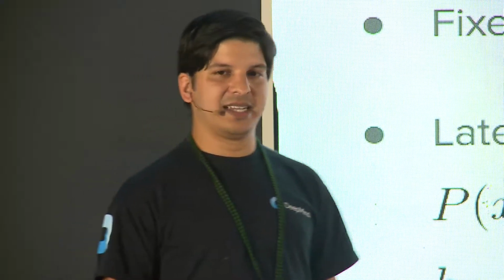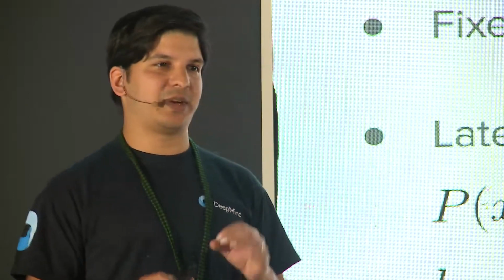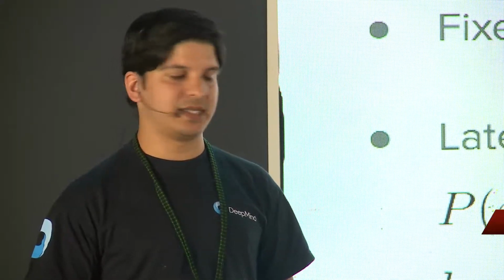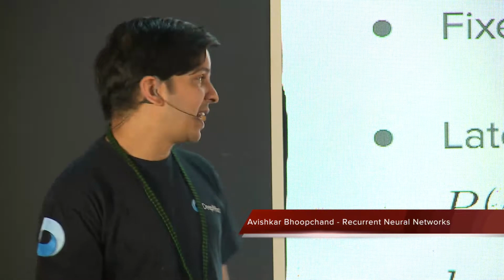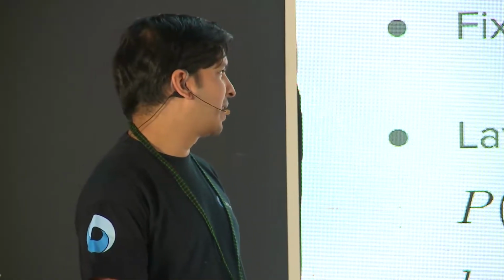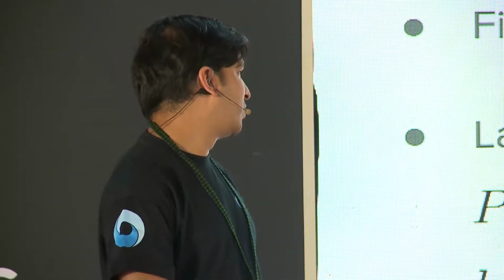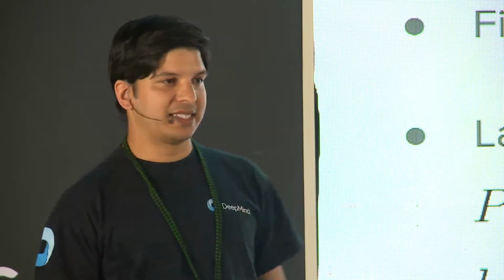But more practically, this h is going to be some compressed representation of the history of our sequence. So every time we make a prediction using our sequence, we will update our latent variable to capture the most recently observed information.